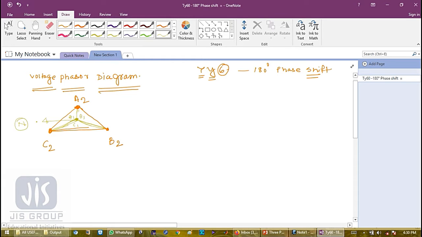Now let me draw the connection diagram in parallel also. On the primary side, there are 3 windings. Let me draw the 3 windings.